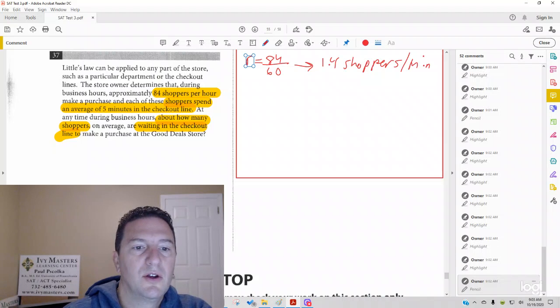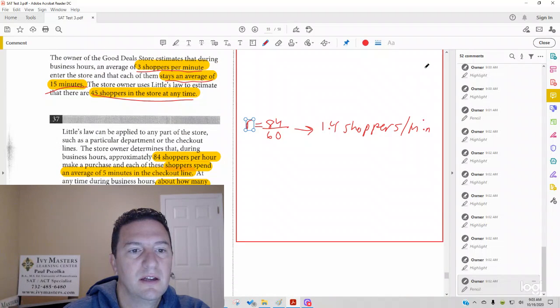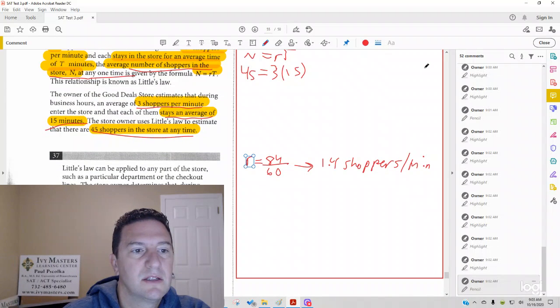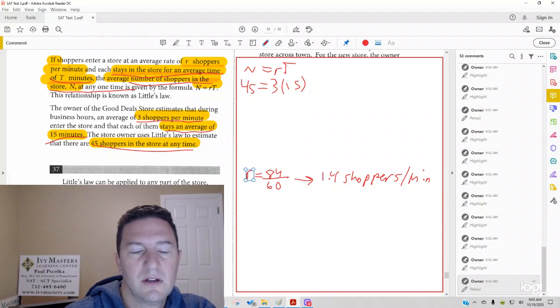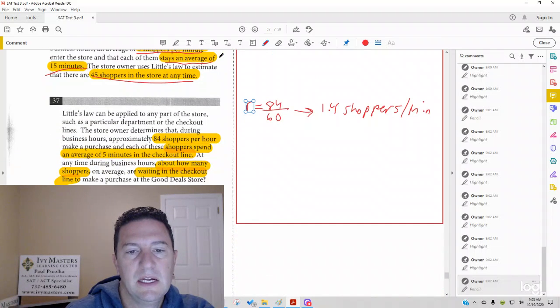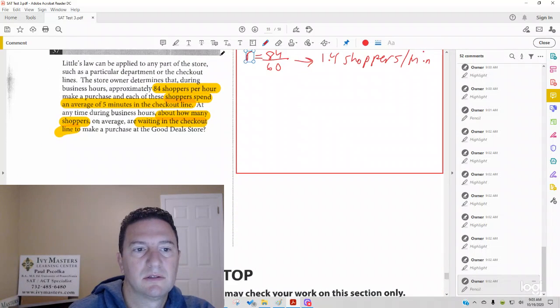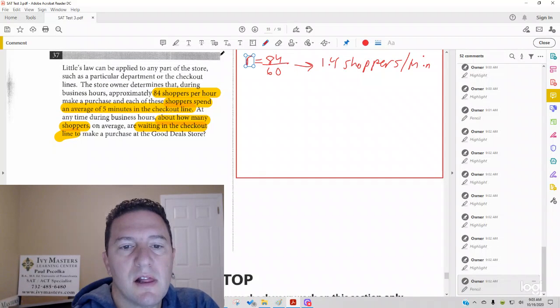And what else? What other information do we have? They spend an average of 5 minutes in the checkout line, so that's the average of T minutes. So we've got N equals RT.